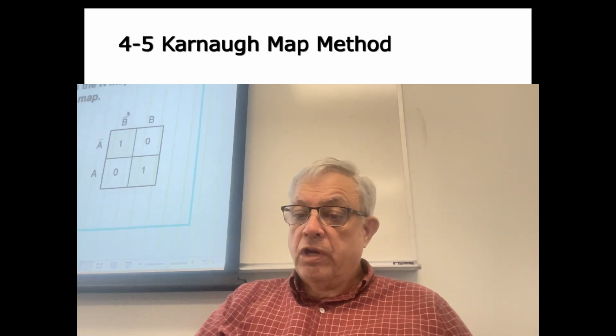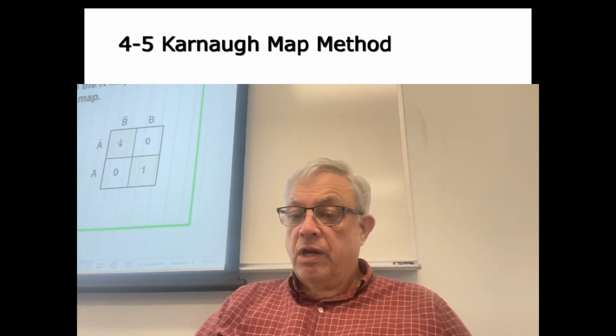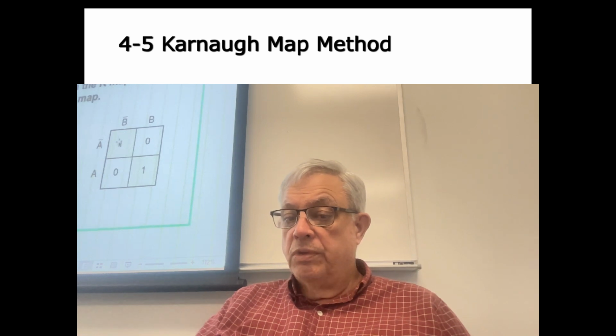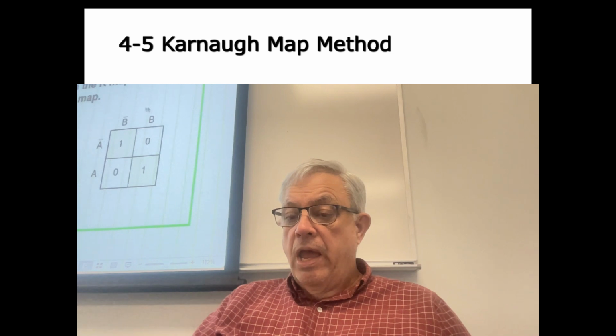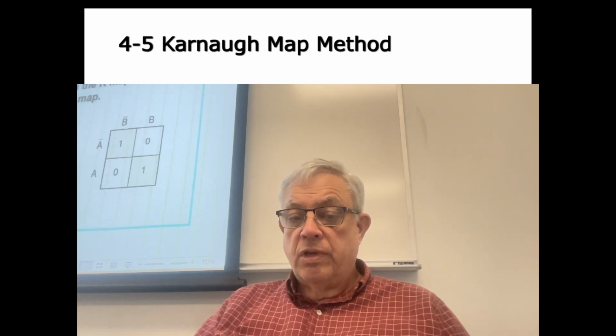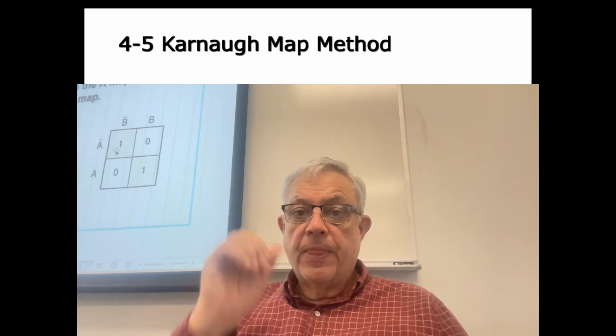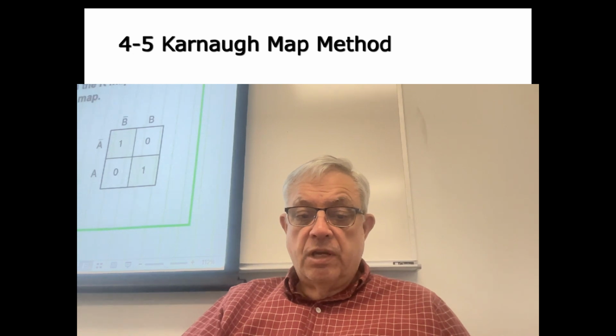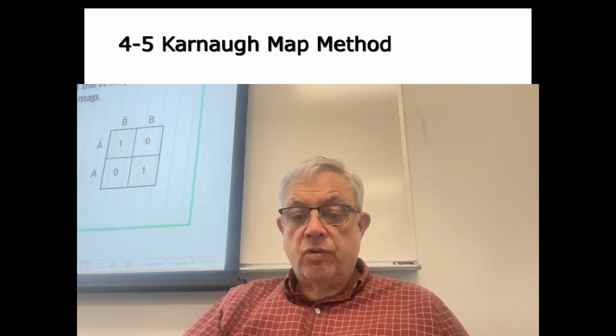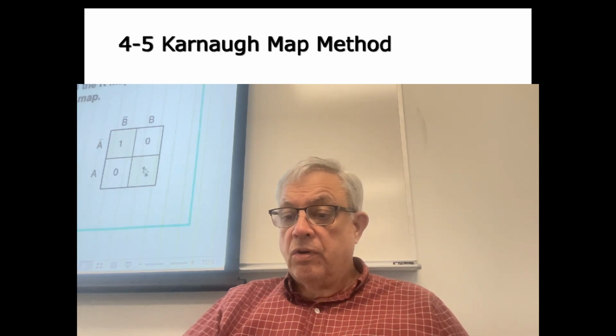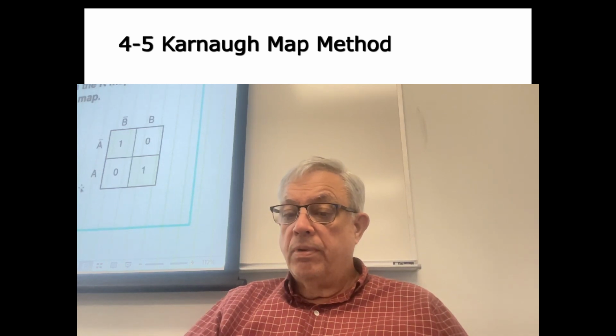So I come over here and I create a table. A not, which is 0, B not, which is a 0, A, which is a 1, B, which is a 1, and I look for the spots where I know that A not, B not is a 1, and I'm going to put the 1 in this table to show that it is a 1 under those conditions. Similarly, I'm going to take A, B. I know that that product is a 1, so I'm going to put a 1 in that square. And this becomes my Karnaugh map for this expression.